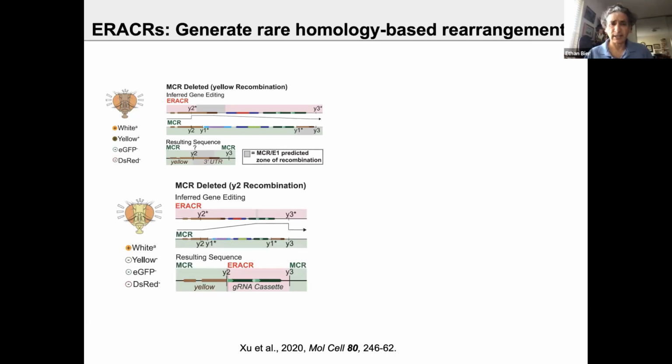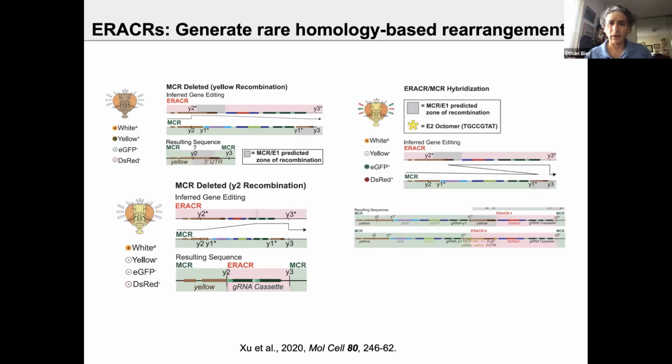And in each case, what they involve is some type of event where a sequence in one area undergoes illegitimate recombination or partial homology-based recombination. So there's homology, but it's not the homology at the site that we want it to be. It's, for example, here, the guide RNAs can recombine. So that's the target site for the guide RNA can actually recombine with the region that is directive from the guide RNA, that 20 nucleotide piece.